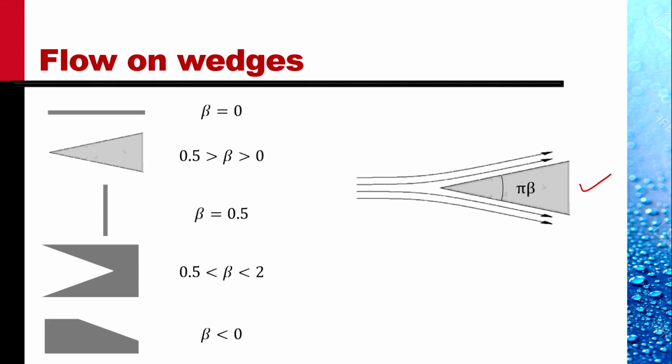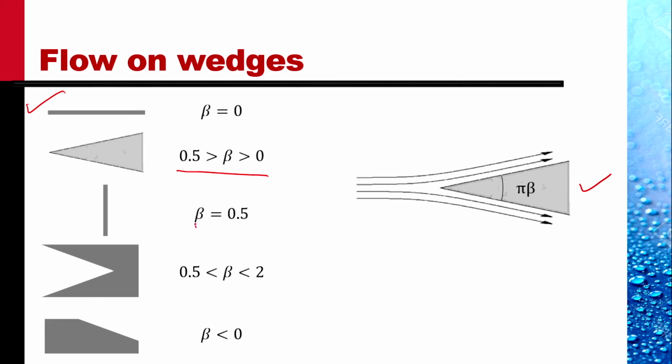That is, the profile that we get at any x is similar to the profile that we get at another x. Flat plate corresponds to the case beta is equal to 0. This wedge with beta between 0.5 and 0 is a flow in which the fluid is accelerating.